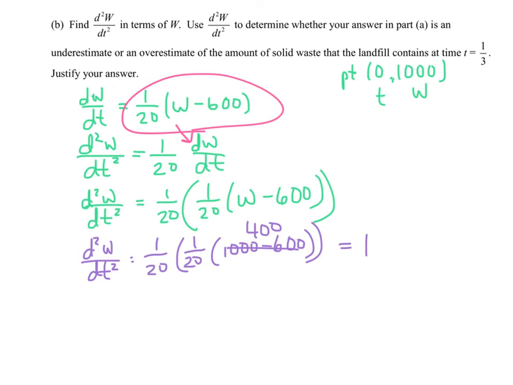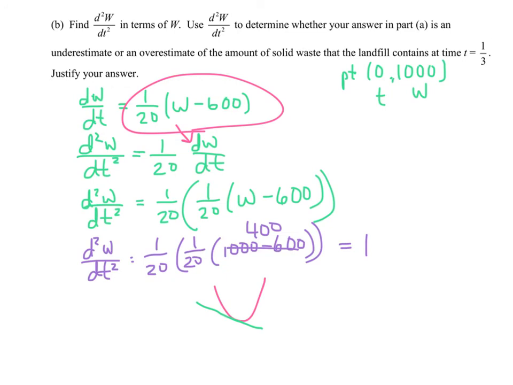Now if our second derivative is positive, we know we're talking about a graph that's concave up. If I were to graph my tangent line onto a graph that's concave up, I can see that it is clearly under the function, and therefore our answer from part A is an underestimate.